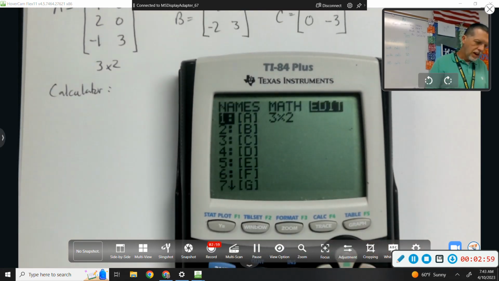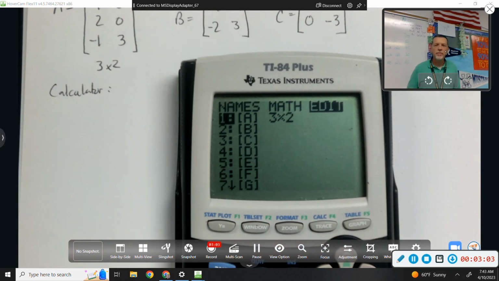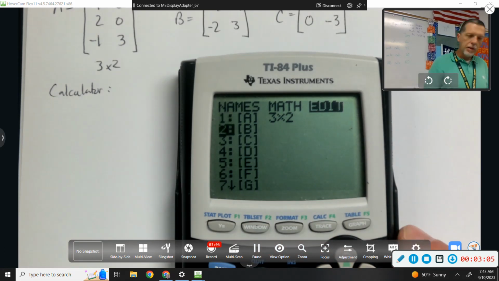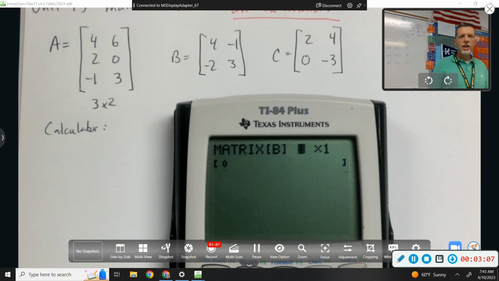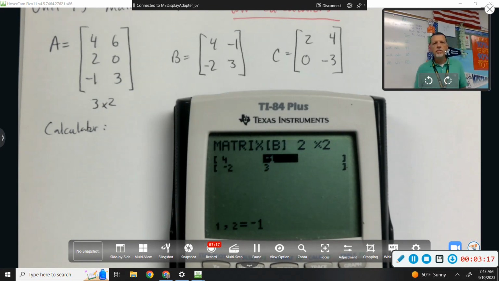Matrix, edit. And by the way, now it knows that matrix A was a 3 by 2. But we want to edit matrix B. Even if you don't know rows and columns, that's a 2 by 2. Type in all the elements. Double check it, make sure it's right.